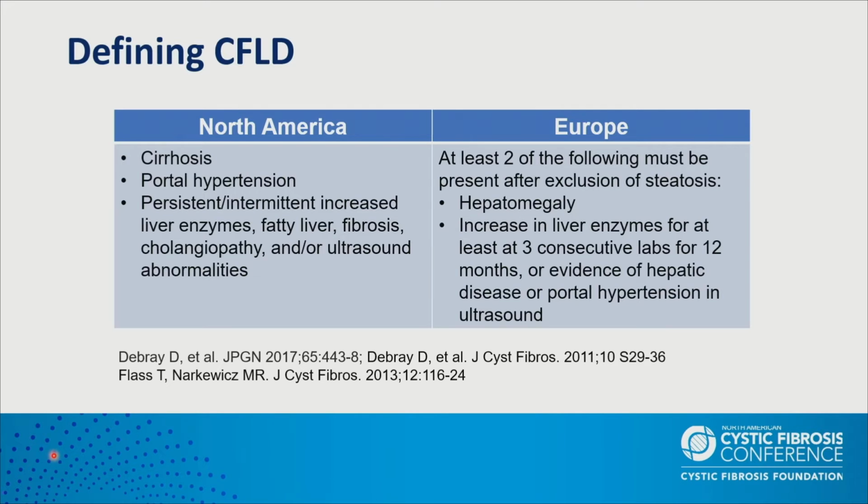So before moving on, as we just saw, CF liver disease has been defined in multiple ways. Thanks to the latest guidelines, in the future we may have a more universal definition, and that will make the interpretation of studies more meaningful. So for this study, we tried to define CFLD based on both the North American as well as the European definition.